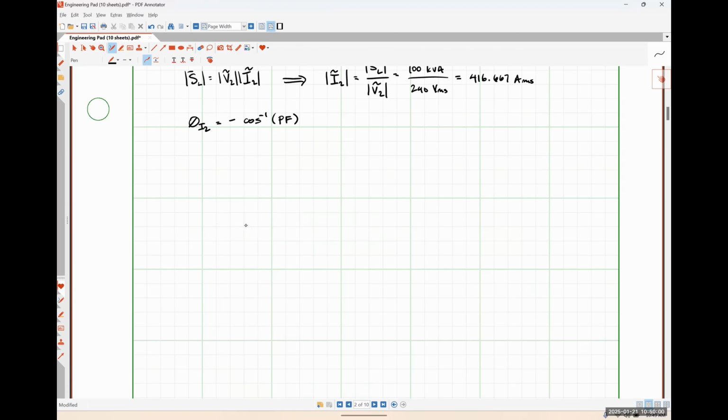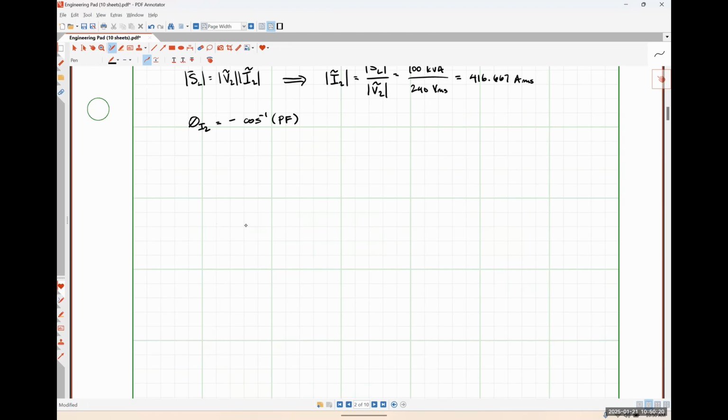Realistically, another way to think about this is if we're assuming that theta V is 0, theta I would need to be negative for theta V minus theta I to come out to a positive quantity, because we know that our power factor is lagging.